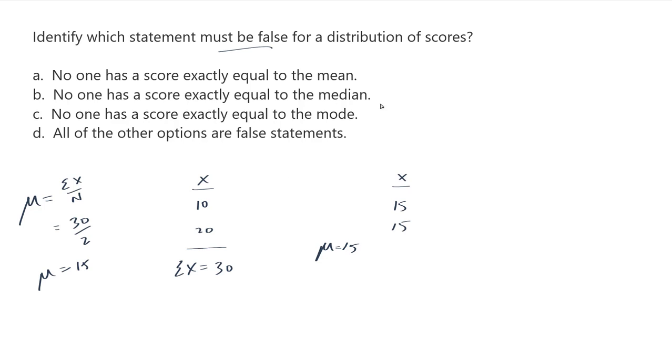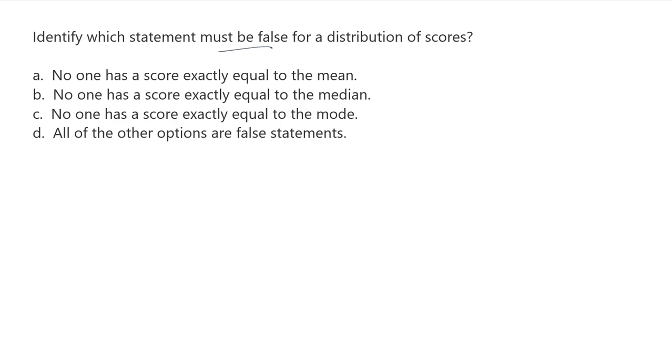When it comes to the median, let's create a new example. Let's say I have a simple set of values, 1, 2, 3, 4. Now, if I'm looking for the median, I first of all have to put my data into order, and you can see it's in order here already. And then I need to find the point at which half of the values are above and half of the values are below.